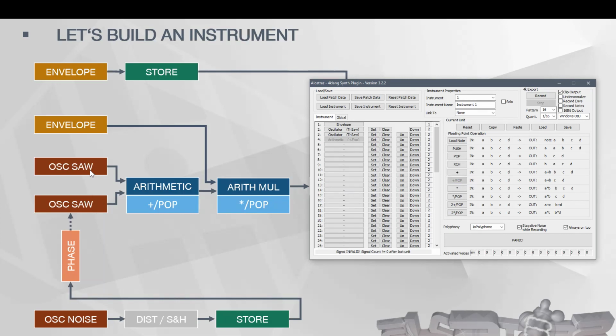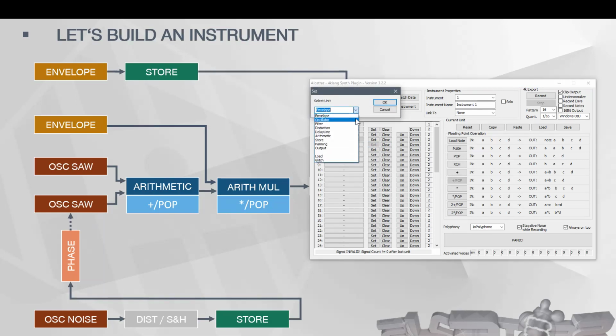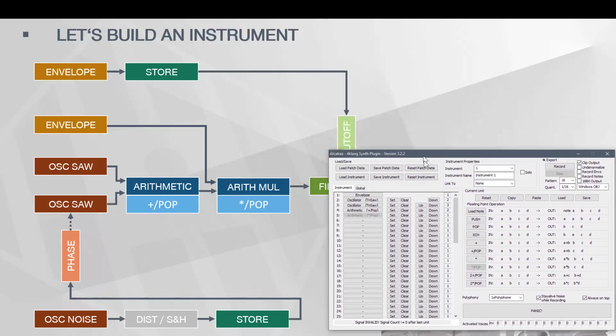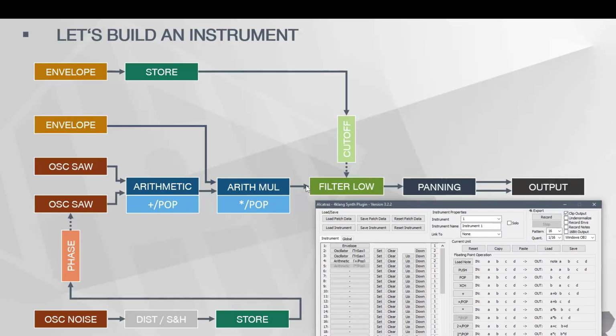So what we did now is we have the two signals of the oscillator added together, and now we want to multiply this with the signal which comes from the envelope. So right behind it, we're gonna make a multiplication. So that means we end up at this stage now here, right in the middle.